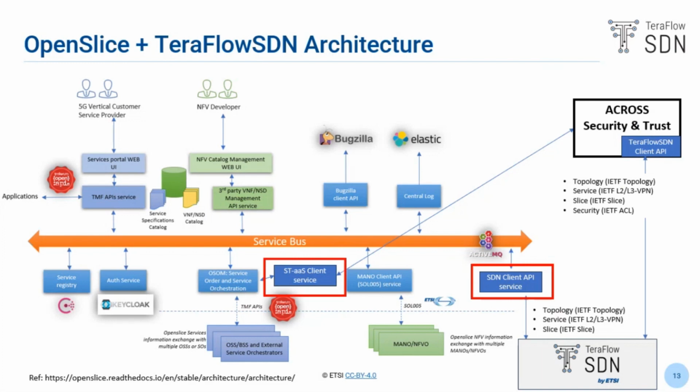In that regard, the idea of this security and trust instance will be to manage specifically security aspects like installation of access control lists and different rules for permitting or blocking traffic at different points in the network.